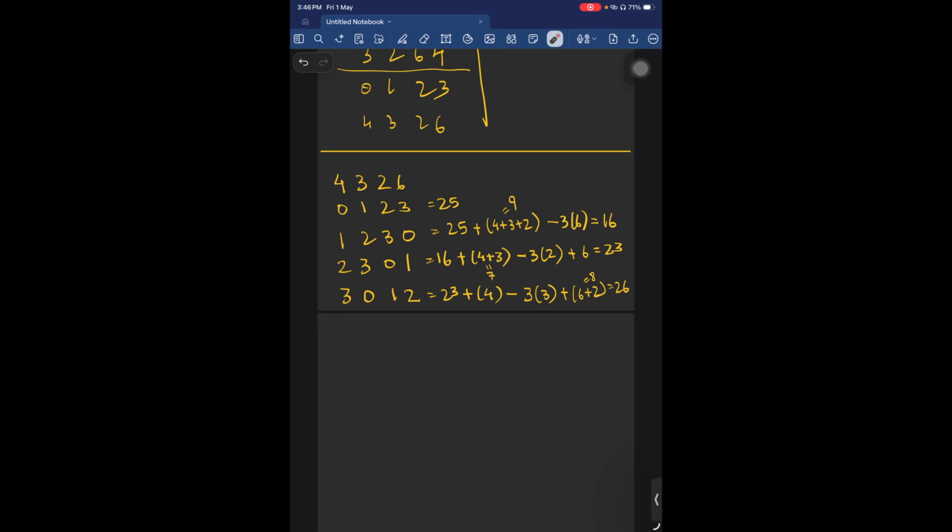Now why is this linear time? First of all, finding f of 0 is linear time. It will take n. Only one for loop is required because it is 4 into 0 plus 3 into 1 plus 2 into 2 plus 6 into 3. So f of 0 can be easily calculated in linear time. Then I will take f of 0 and I know that this 0 acts as a partition.